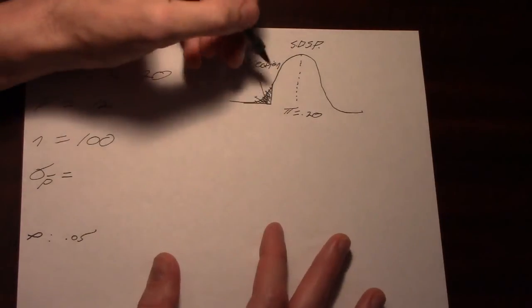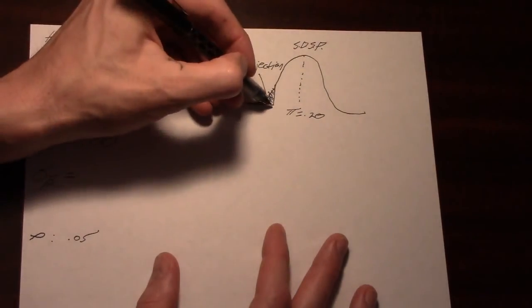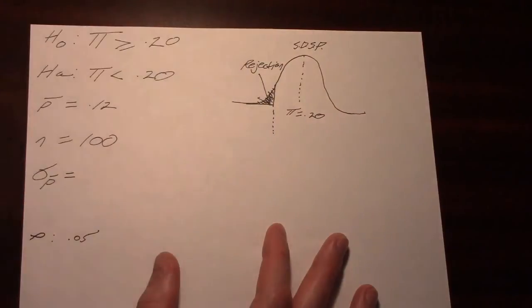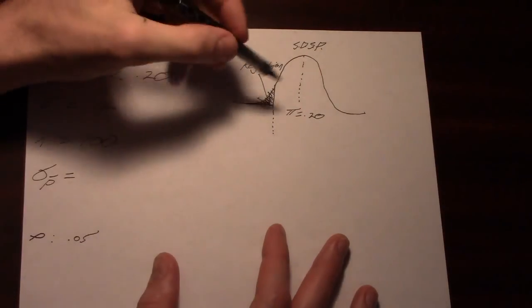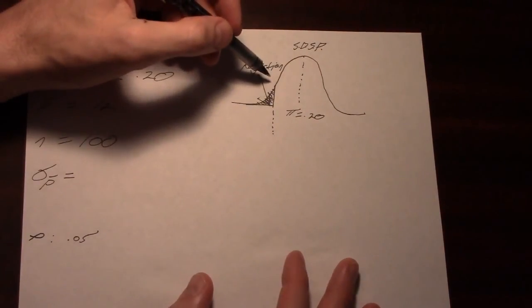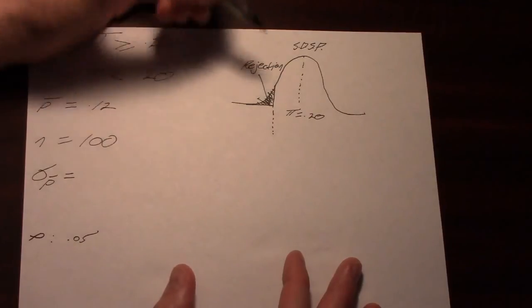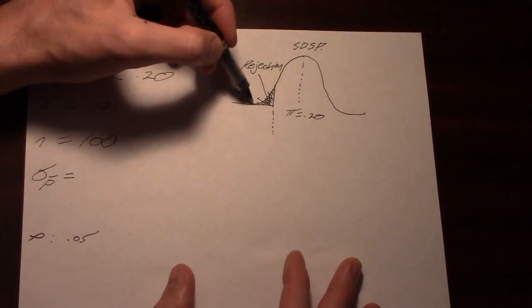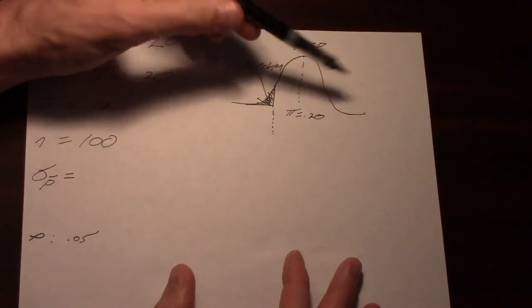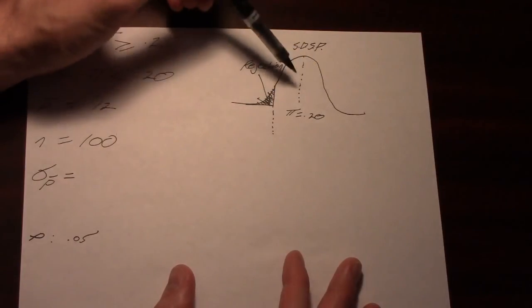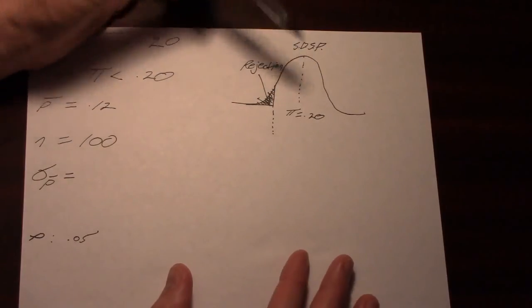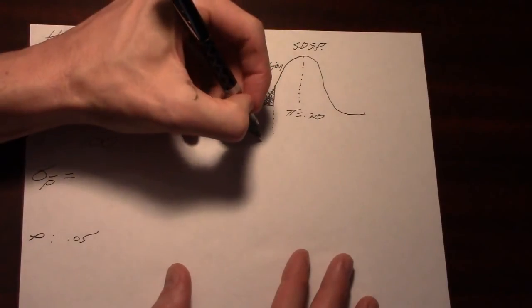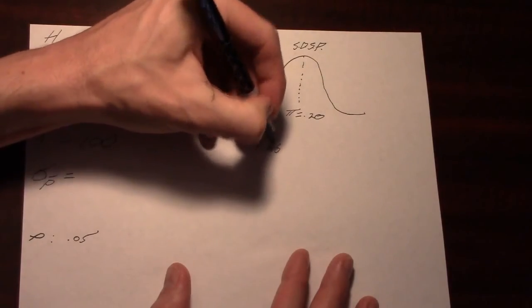Alright, so let's find the critical value, the z-value, associated with that rejection region. It's going to be the z-value that separates the bottom 5% of the data from the top 95% of the data in any normal distribution. And we know that number to be negative 1.65.